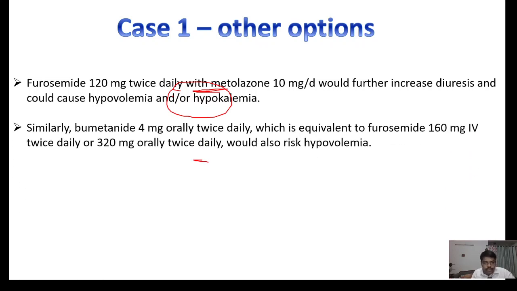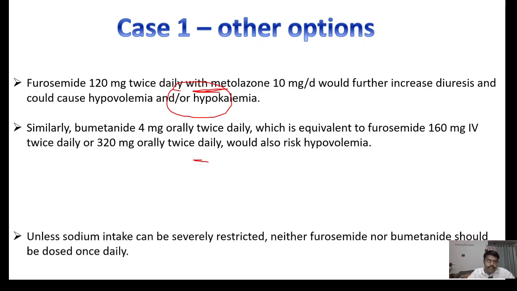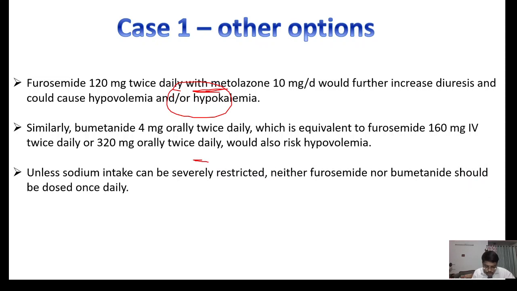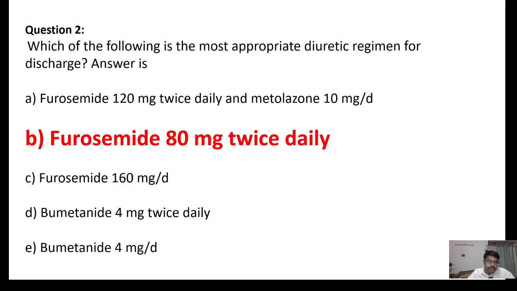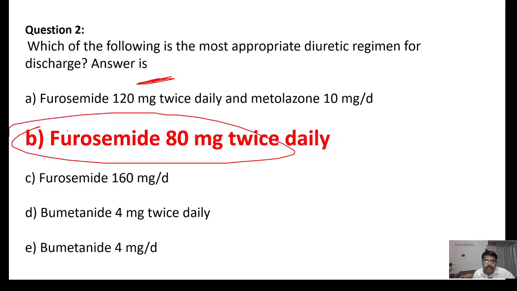Bumetanide I don't want to discuss because it is not in common clinical practice. Usually I prefer the drug as a BD dose rather than an OD dose. So the best option for the second part of the question is to prescribe furosemide 80 mg twice daily, because 120 mg twice daily with metolazone will put the patient into hypovolemia or some kind of electrolyte abnormality.